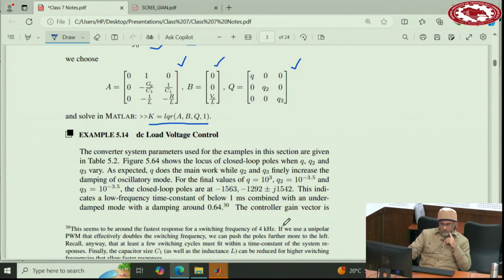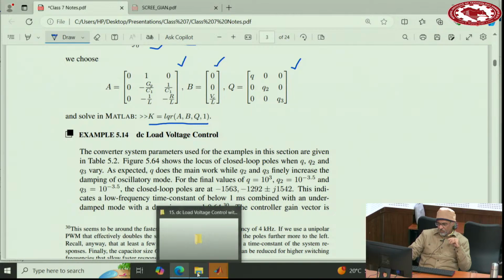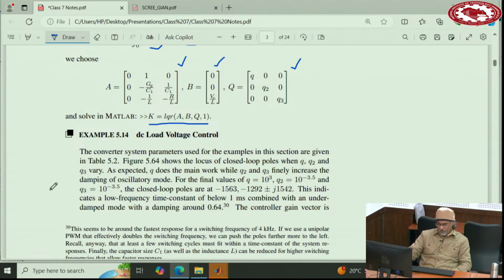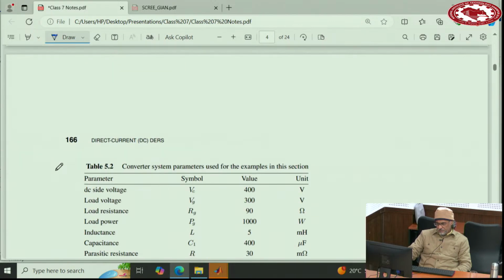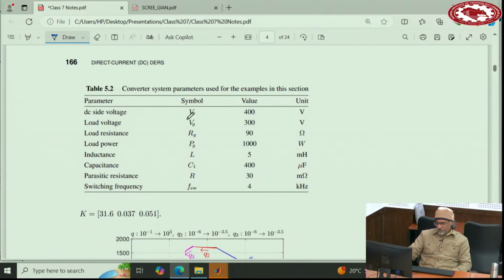This example I think we will check on what I have. No, the next example I will do the simulation, but anyway. So let's carry out the design here. The parameters I consider are pretty much the same numbers that we had before. 400 volts on the A side, 300 volts on the load side, and this is the load resistance.